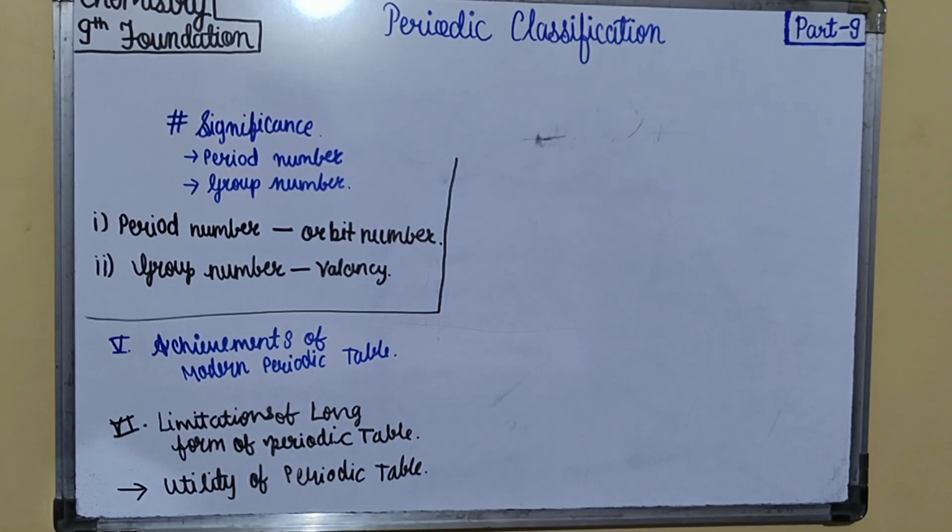The electronic configuration of an element can be easily worked out from its position in the periodic table. The valency of an element can be determined from its position in the periodic table. The type of bond that two elements or two atoms of one element will form with each other depends upon their position in the periodic table.